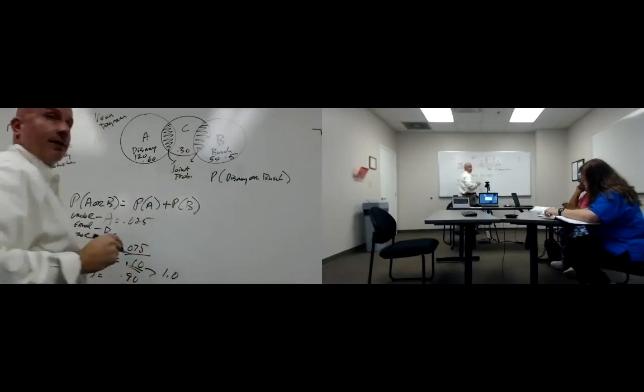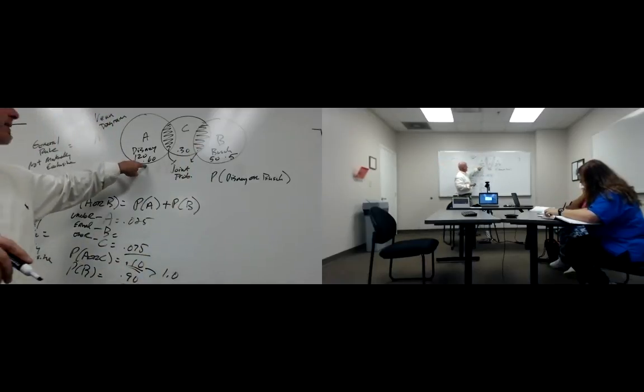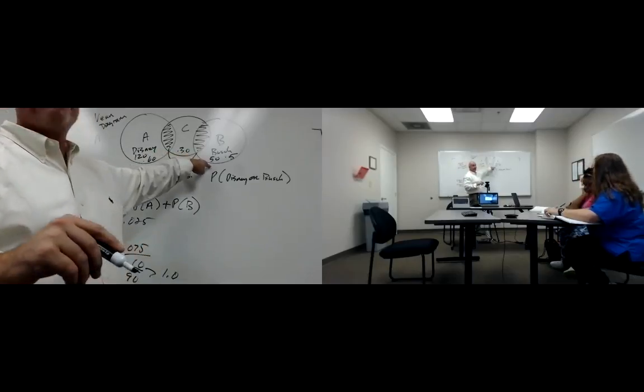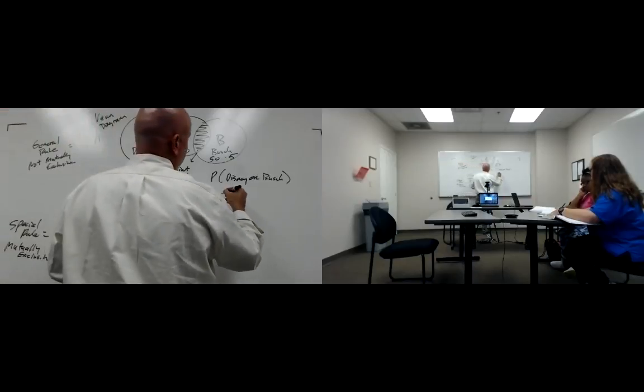So 0.30. Now right away, 0.6, 0.3, and 0.5, does that equal 1? No. So what are we going to have to do? The probability that you went to Disney or Busch is going to be equal to what?